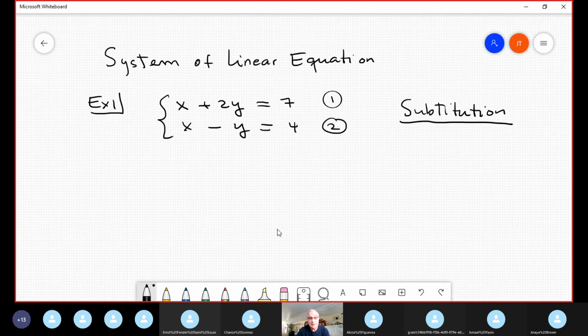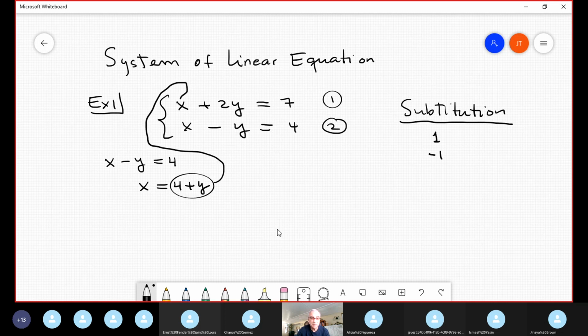Well, when at least one equation contains coefficients 1 or -1, substitution is fantastic. I can see in the second equation, which is the easier, in my opinion, that I can isolate the x. So I copy x minus y equals 4, and solve for x. I move y to the other side: x equals 4 plus y. And this expression I substitute in the other equation.